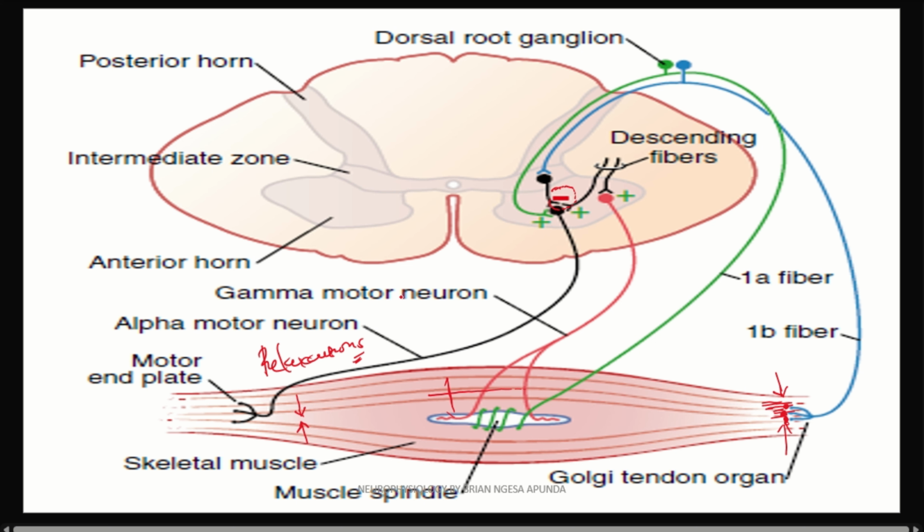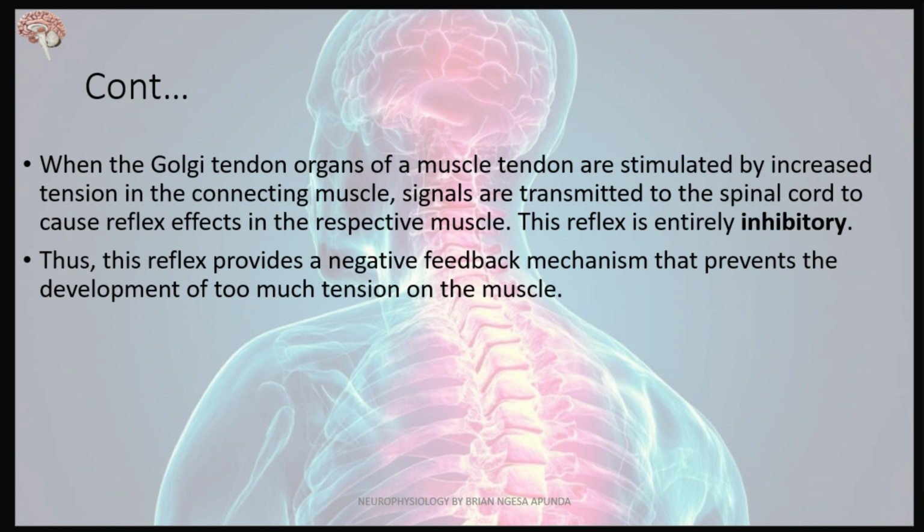So this is the connection as we are able to see, whereby if the alpha motor neuron is activated, it is likely to act through around the same region, the extrafusal region. But in this case, we are seeing an inhibition.